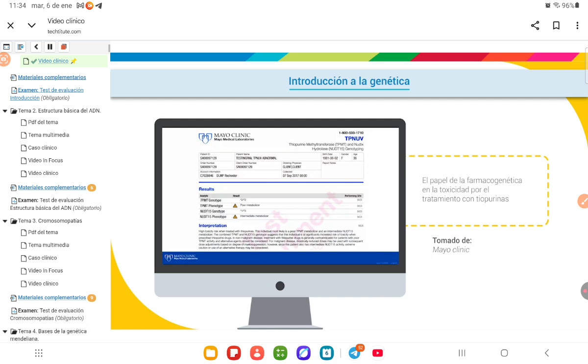Well, I mentioned earlier that TPMT and NUDT15 activity is a spectrum from poor to normal metabolism. So for TPMT, that spectrum can actually extend further, in that some individuals have increased or hyperactive activity. This is rare, but it can be detected by the enzyme activity assay and not by the genotyping assay.